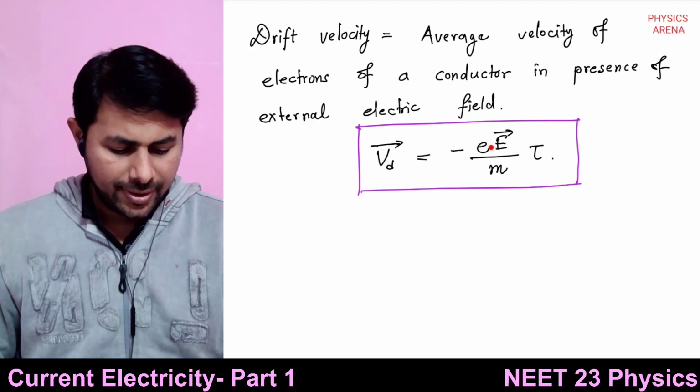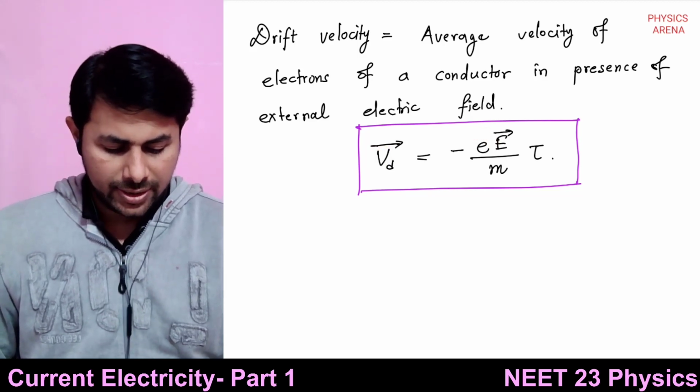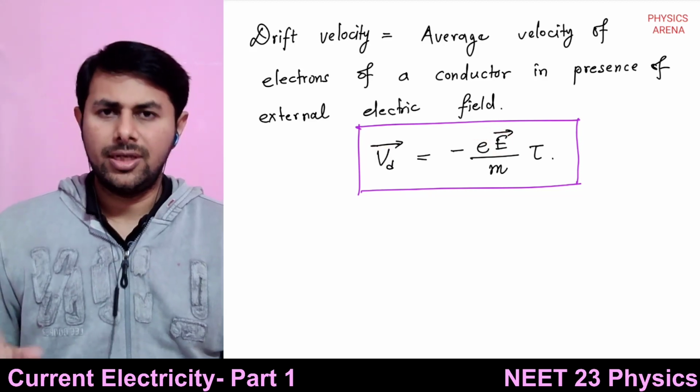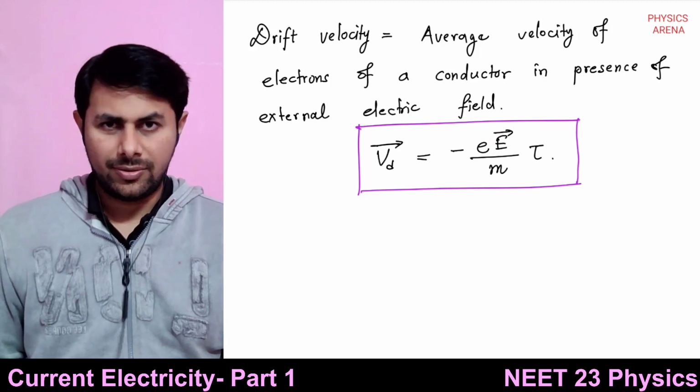Here we can see that this drift velocity is directly proportional to E bar, the external electric field.